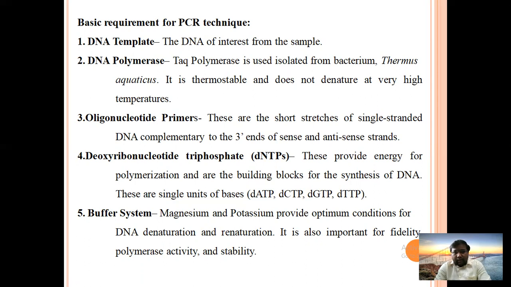Then the third one is oligonucleotide primers. These are short stretches of single-stranded DNA complementary to the 3' ends of the sense and antisense strands. Then the fourth one is deoxyribonucleotide triphosphates, that is, dNTPs.